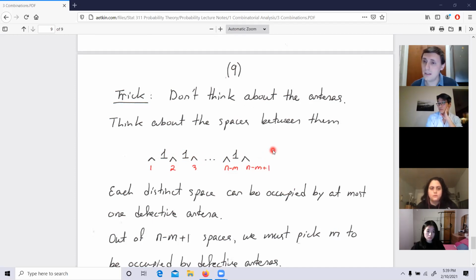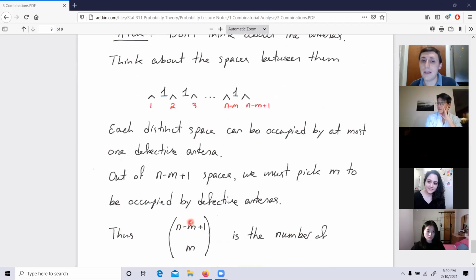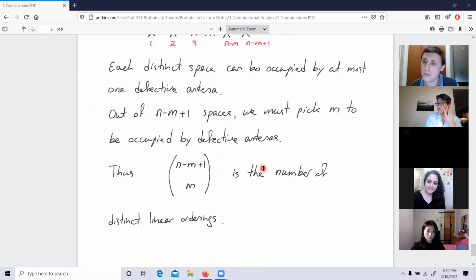Do you see that, guys? Now we can decide upon the pattern for this question based on which of those spaces were selected. So I have to select m spaces for the m defective antennas where I place them, right? So it will be simply n minus m plus 1 choose m. That's the answer to this question.